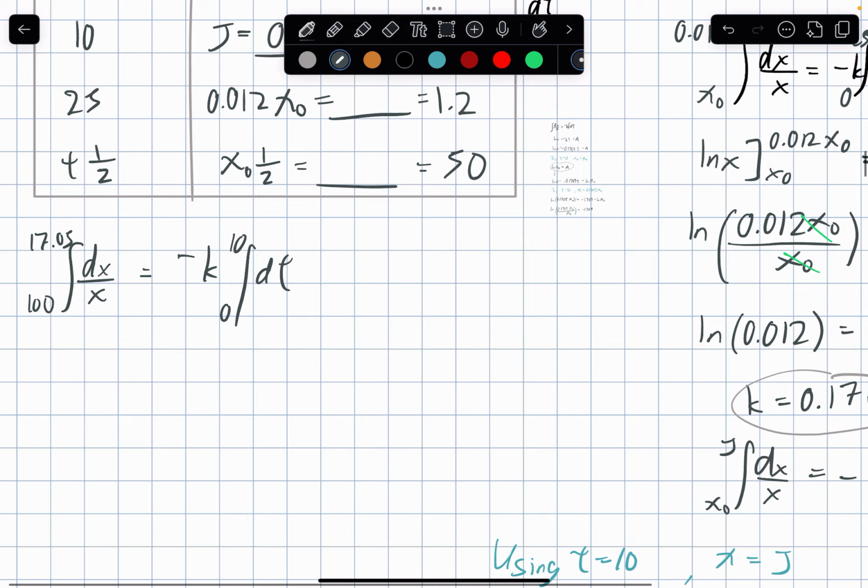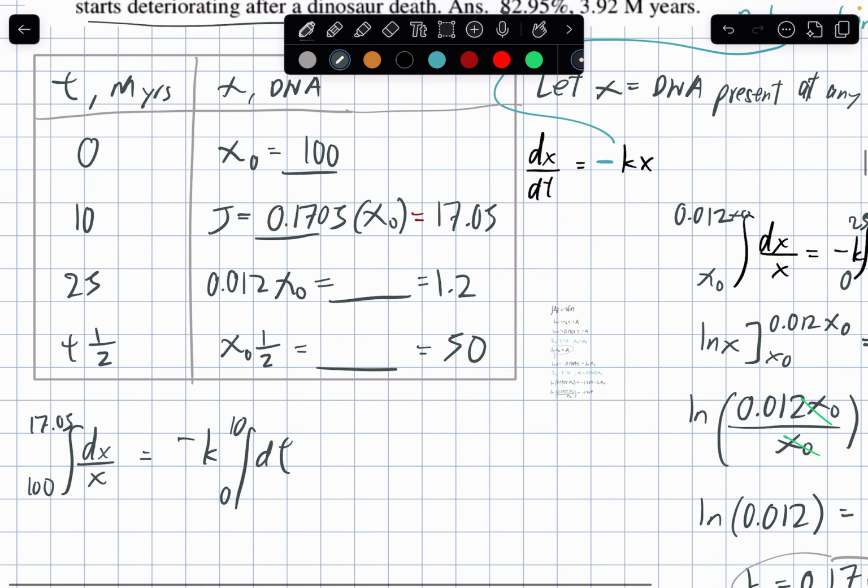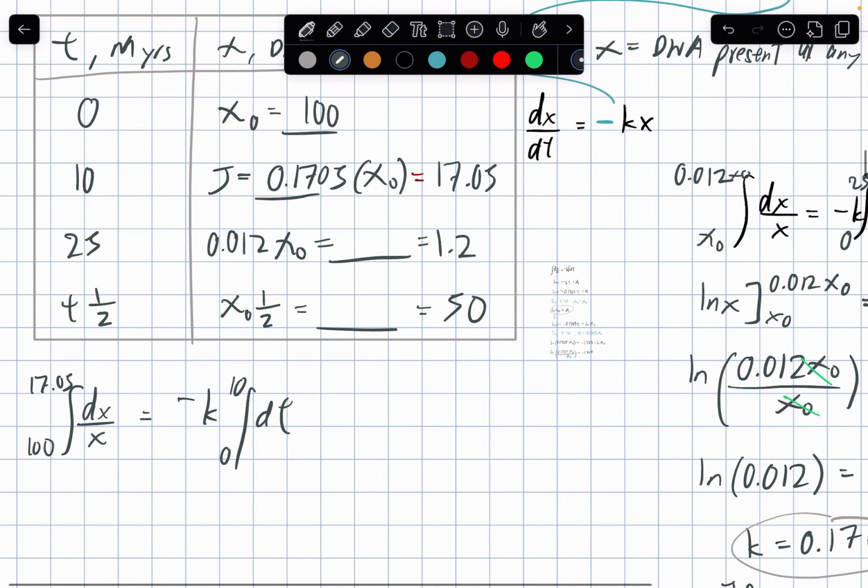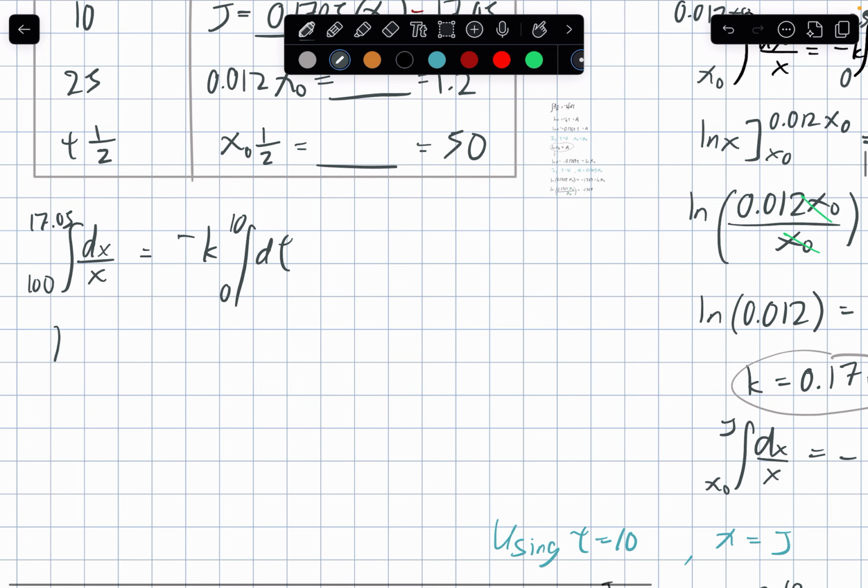Let's see what happens. Oh wait, no. We already have all the values. In this case, we can find k. Let's actually do it and see if we find the same k value. I think that's one way to test.